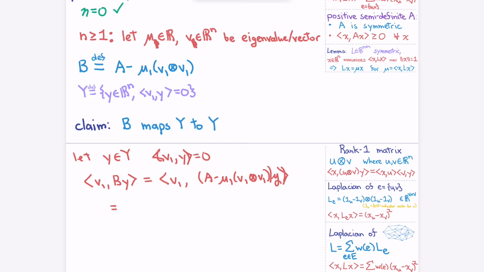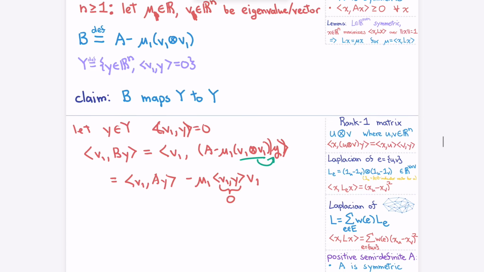Okay, so this term will cancel. This will go to 0. Well, let me just do it slowly. So someone said linearity: v1 transpose A y minus mu1 v1 transpose y v1, and this will go to 0.